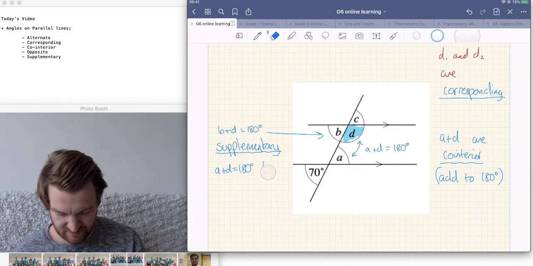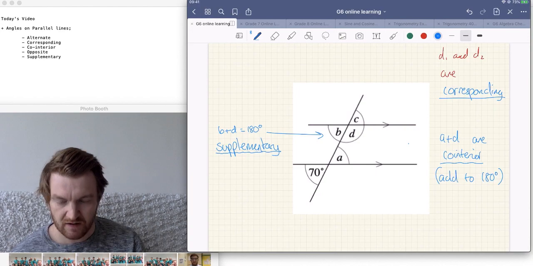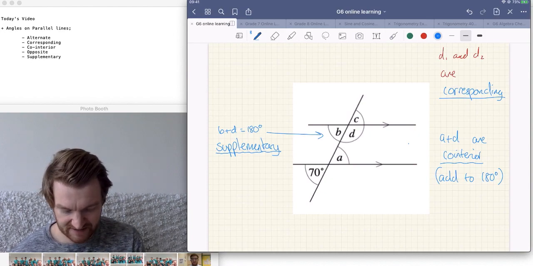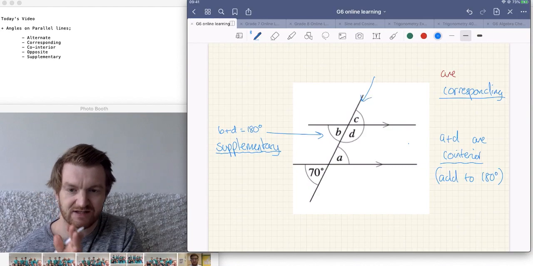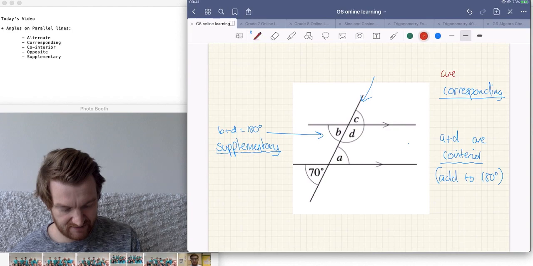Okay, let's keep it nice and clear. So we've got supplementary angles, we've got co-interior, we've got some corresponding. We can also talk about other angles being corresponding, i.e. the same size. When we look at A and C, we can also see that A and C, if we're going down this way, are turning off to those parallel lines the same way.